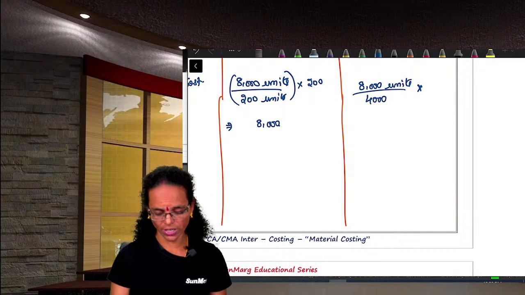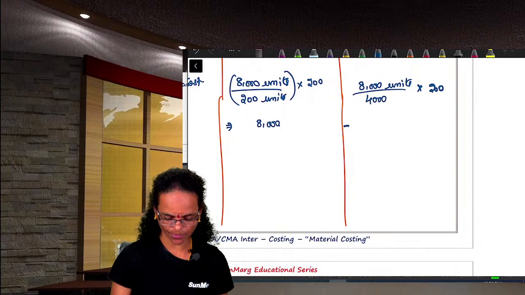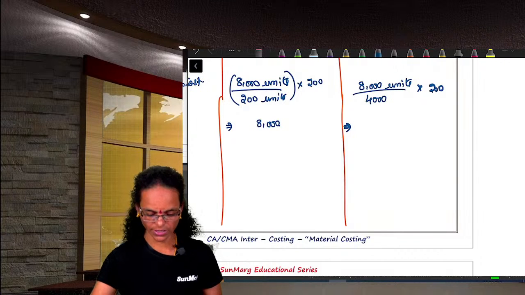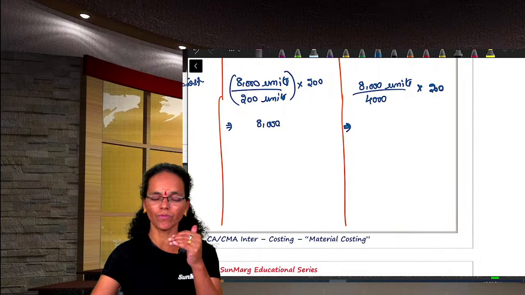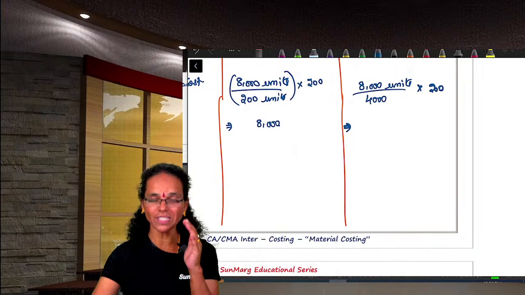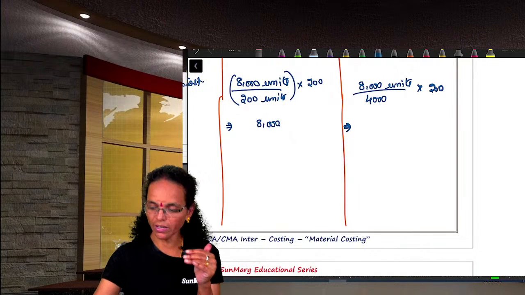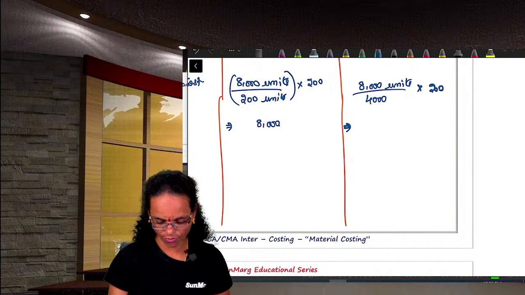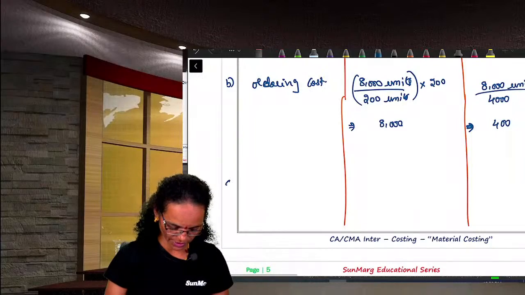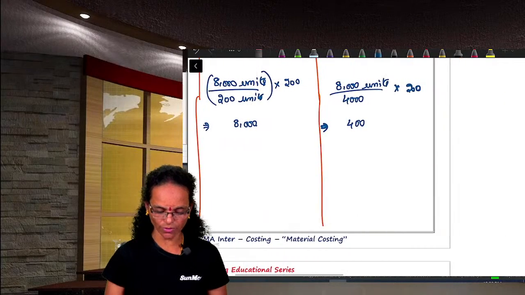Cost of placing an order is 200 rupees. 8,000 divided by 4,000 is 2, means we are placing an order 2 times in a year into 200, that is 400 rupees is the ordering cost. This is also favorable for the discount factor.